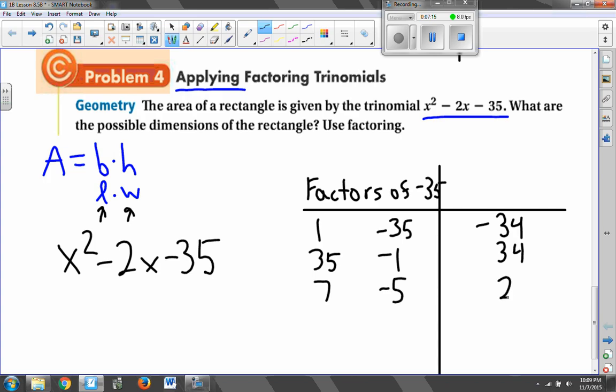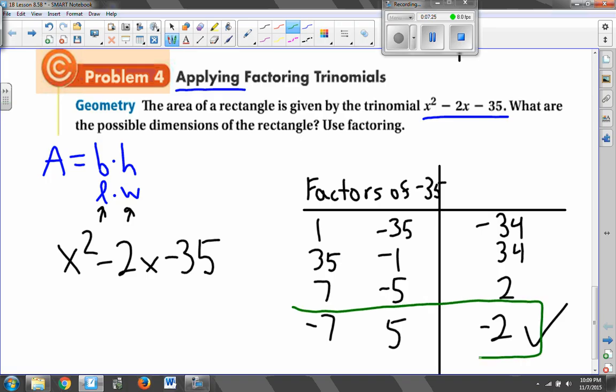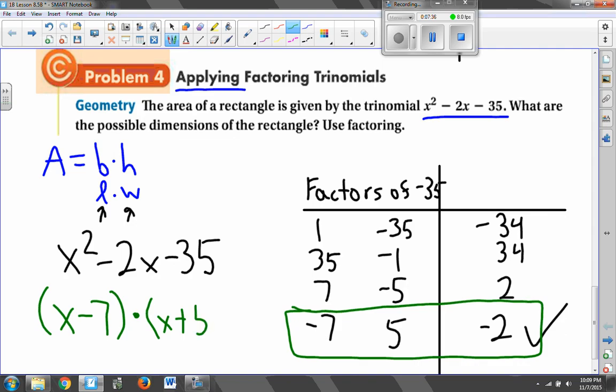That'll give me a positive 2. Or I could do negative 7 and positive 5. There it is. I want a negative 2. That's the guy right there. So now that I have found my two factors that add up to be negative 2, I know that my factors here are x minus 7 times x plus 5.